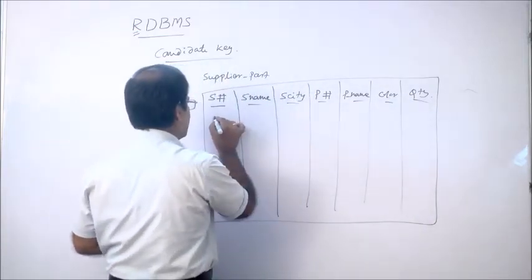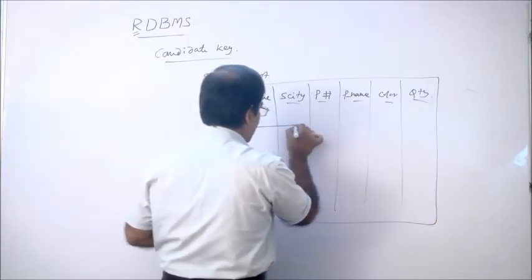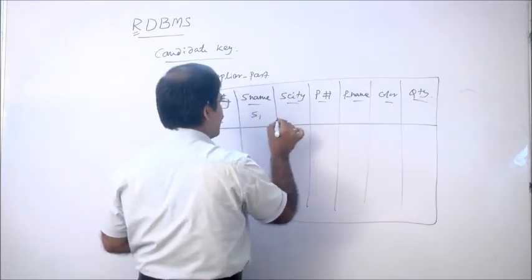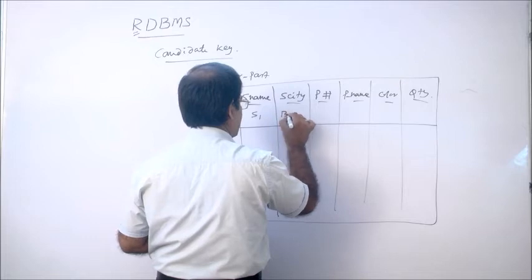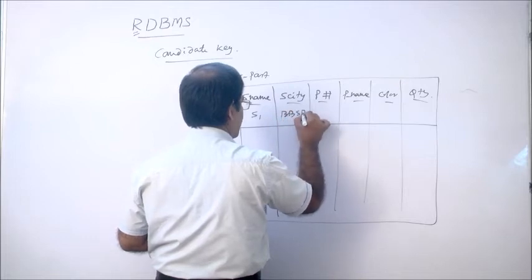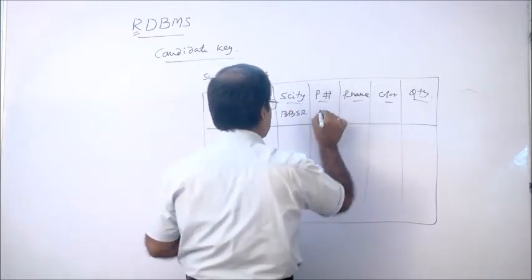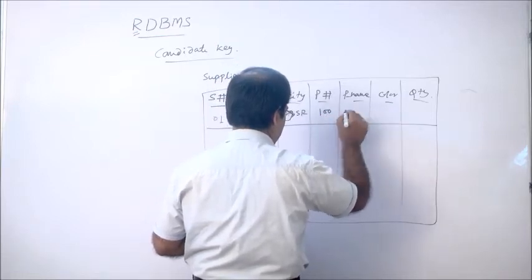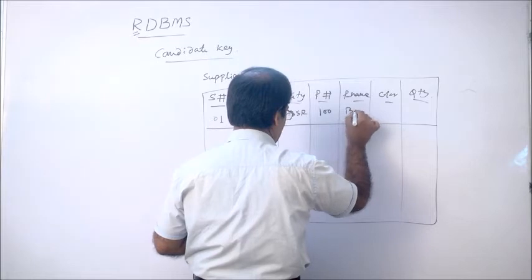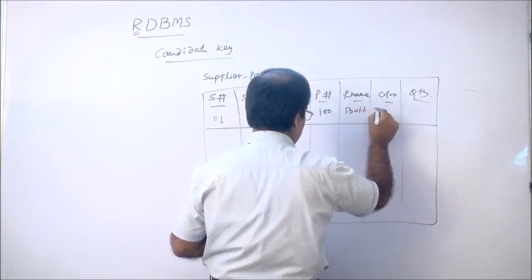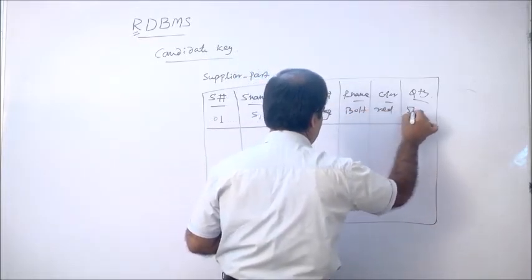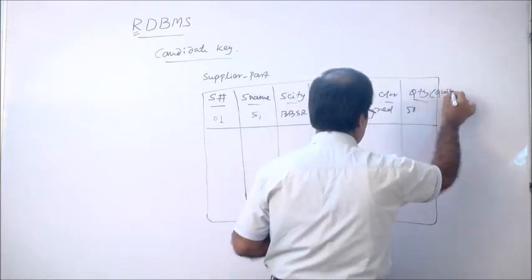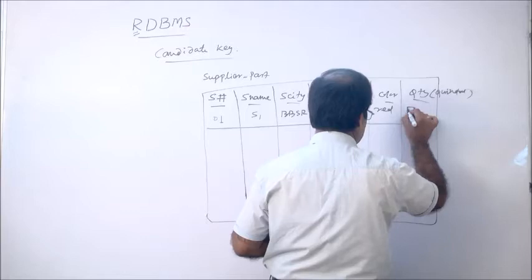Suppose the supplier number is 1. The supplier name is, suppose, S1, supplier city, suppose, Bhubaneswar, and part number is, suppose, 100, part name is Bolt, whatever it may be, color is, suppose, red, and quantity, suppose, 50 quintal.